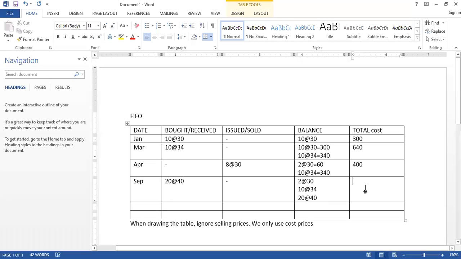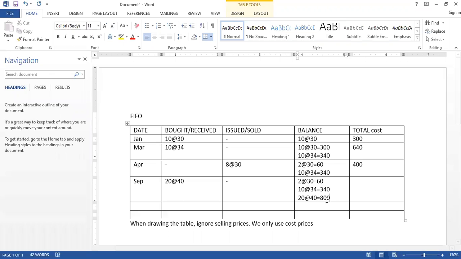So what will be our new total cost? So this, you know, that is 60, and this is 340, plus this, which is 800, right? Yes.